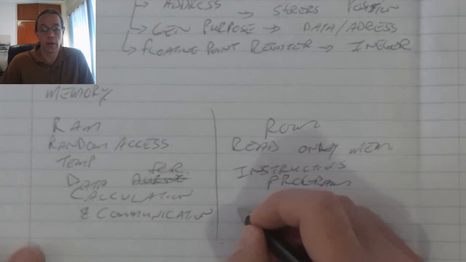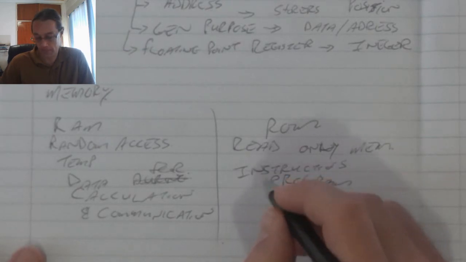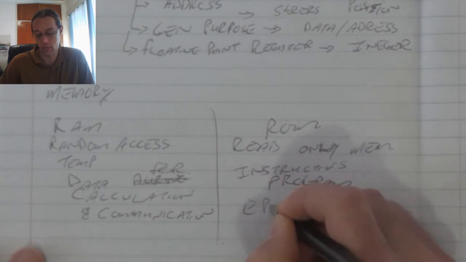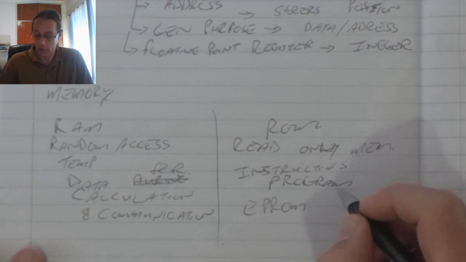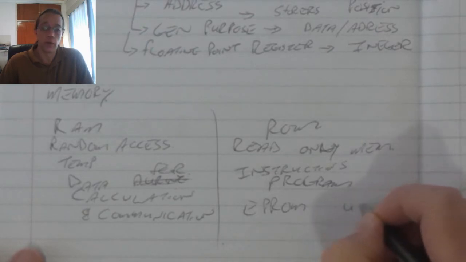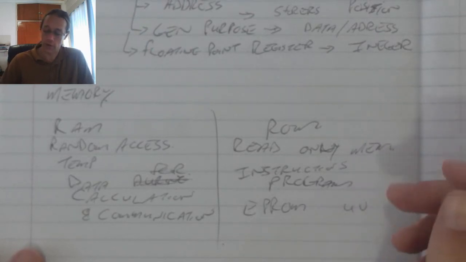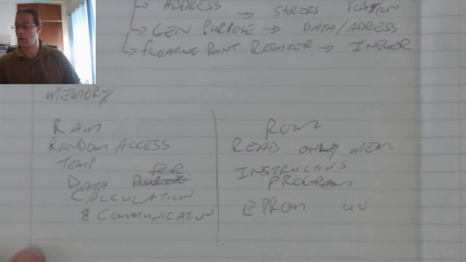Types of ROM are the EPROM, that's the erasable programmable read-only memory, that can be erased by means of UV light and then reprogrammed electronically.